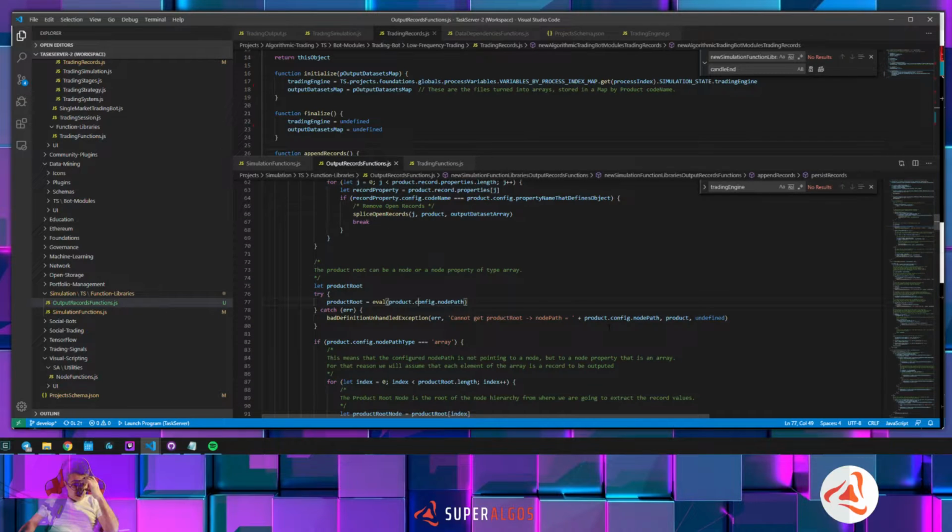So that means that I will need an object called trading engine and not engine. This is bad.